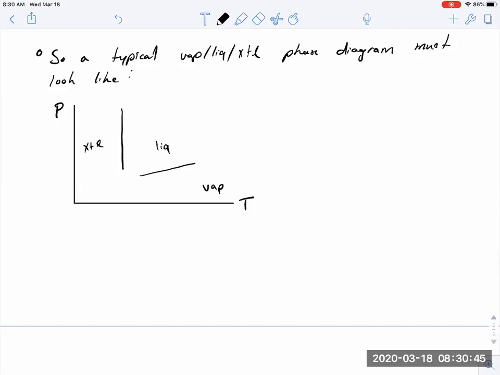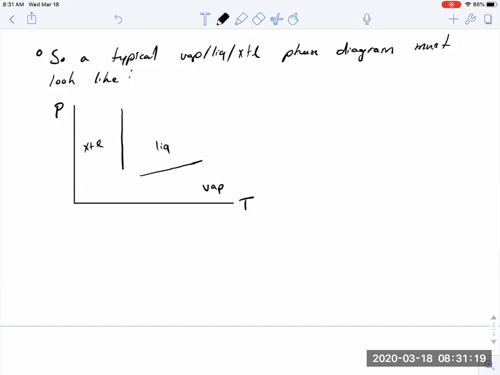Okay. So there's another transition we haven't explicitly constructed. A vapor can go directly to a crystal. Now, what do you think is the shape of that line? If you had to work it out through the same sort of principles we just used, the solid vapor transition line, is it going to have a positive slope or a negative slope?